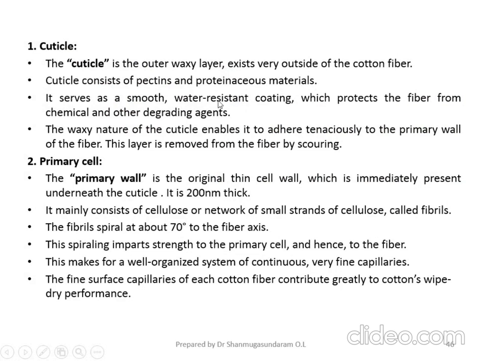It serves as a smooth, water-resistant coating which protects the fiber from chemical and other degrading agents. The wax nature of the cuticle enables it to adhere tenaciously to the primary wall of the fiber. This layer is removed from the fiber by the scouring process.